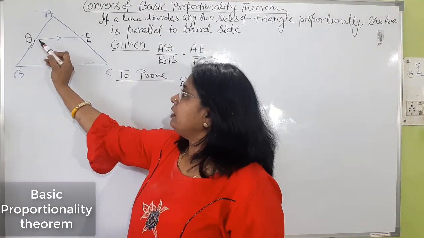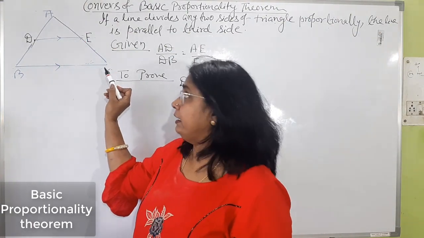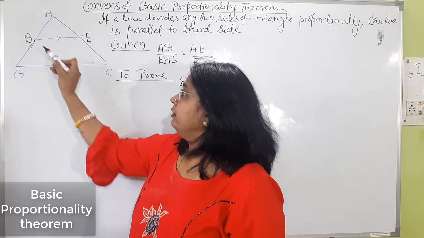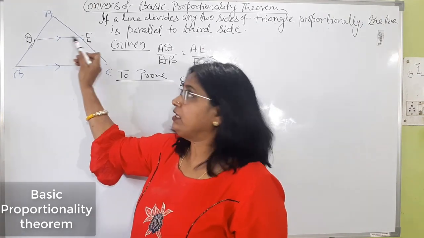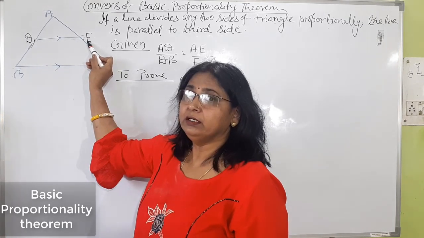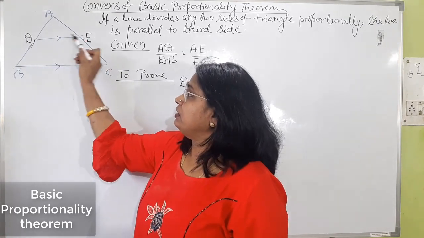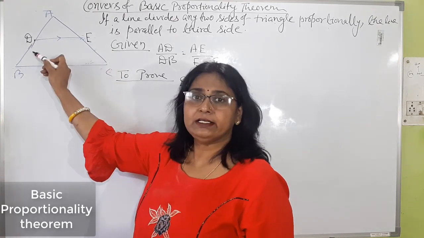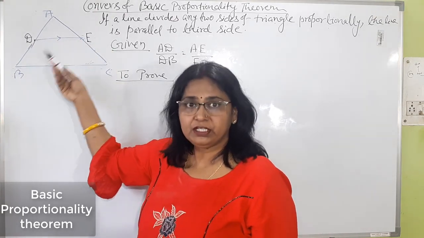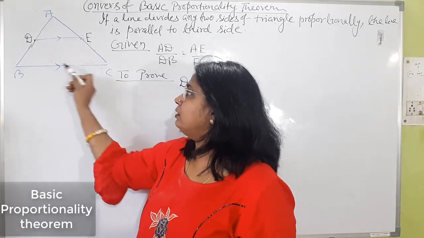That means if a triangle ABC is given, and a line DE divides two sides of the triangle proportionally, then this line is parallel to the third side.